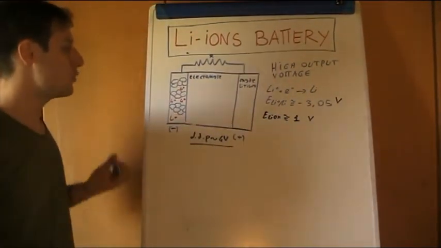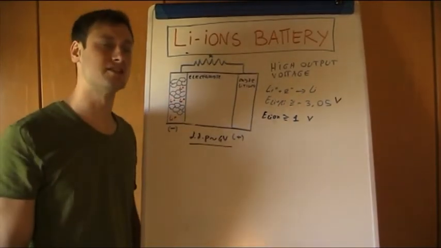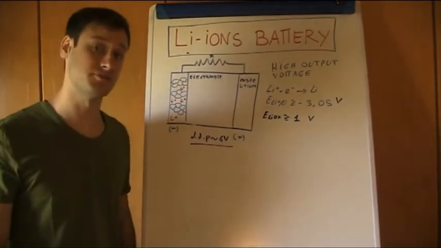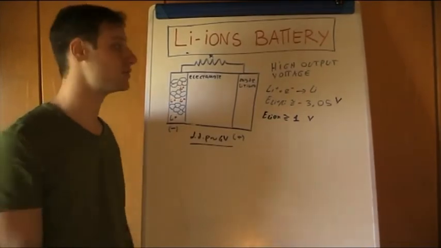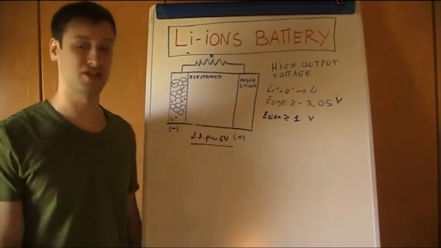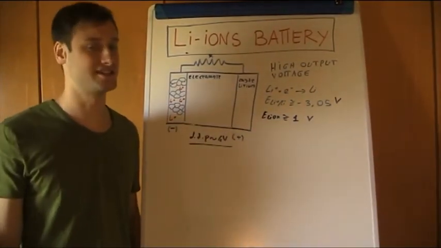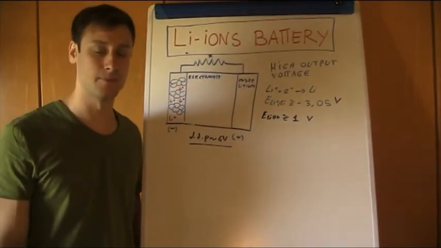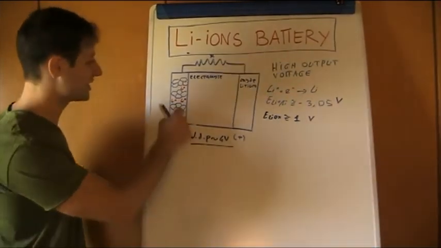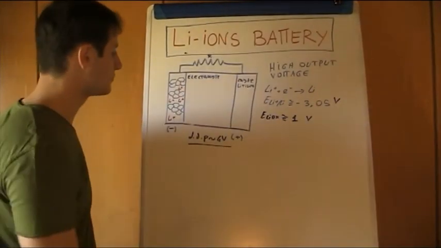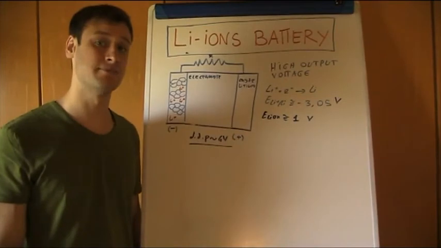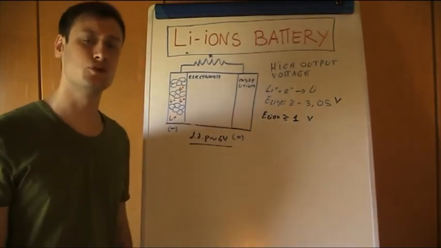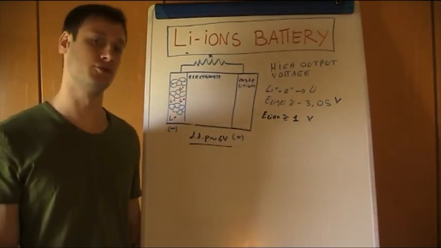But why are we not using metallic lithium? Even metallic lithium could be used in order to achieve this potential, because lithium in the metallic state is obviously also associated with this high reducing character. But the reason for which we are using graphite and lithium cation inside, with respect to metallic lithium, is that metallic lithium is used only for primary lithium batteries.